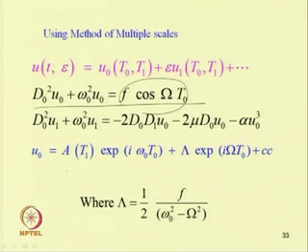So, the complementary part becomes A(T1) e to the power i omega 0 t0 plus its complex conjugate, A bar e to the power minus i omega 0 t0, plus the particular integral part, which is equal to half f by (omega 0 square minus omega square) into e to the power i omega t0 plus its complex conjugate. This is the additional term in u0 when we consider the excitation to be hard.